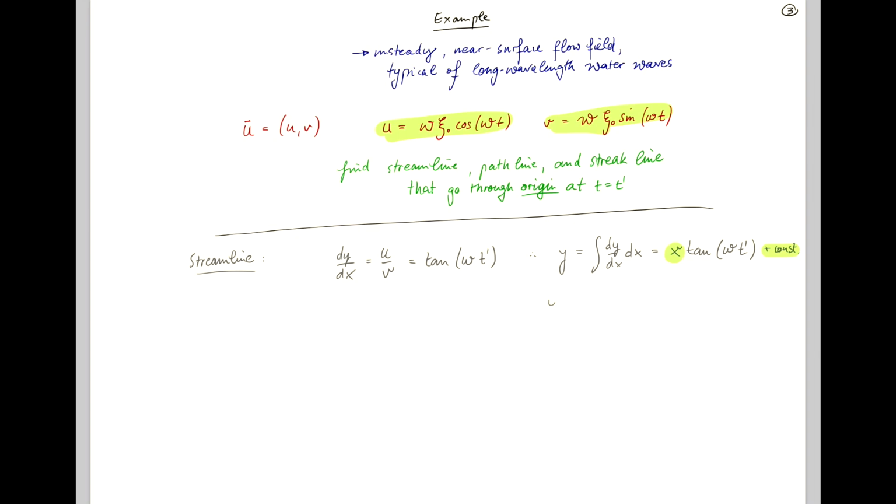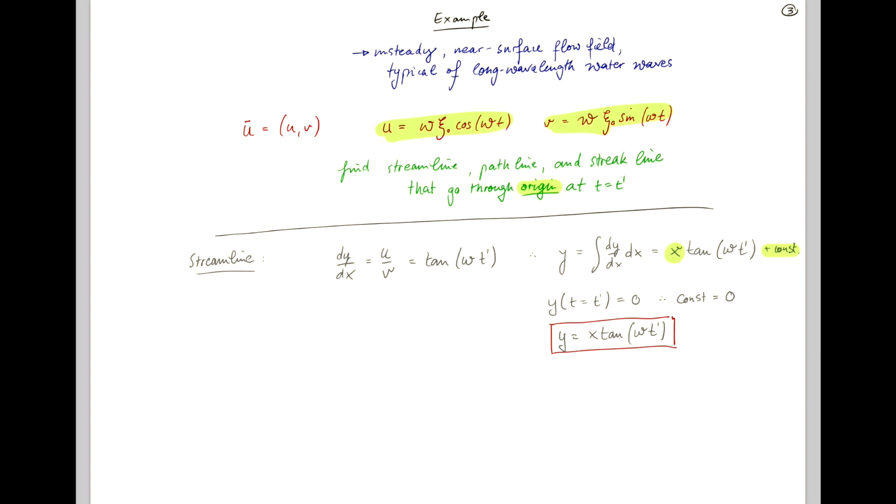We find the constant by applying the boundary condition, so y at t equal t dash has to be 0, since we're interested in the case that goes through the origin at t equals t dash. And so we find that our constant has to be 0. So y is just x tan omega t dash. That is now our equation for the streamline that passes through the origin at t equals t dash.